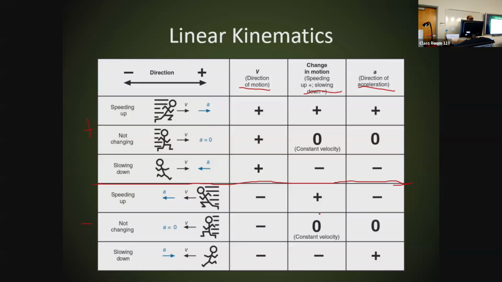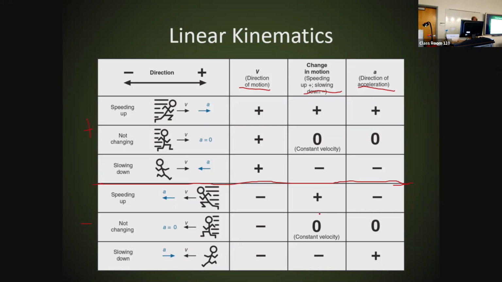And even when they are starting to slow down, their motion is in a negative direction. It's negative. They're slowing down. The big change here, however, is what the acceleration is doing. Still moving in a negative direction, their change in motion is negative.